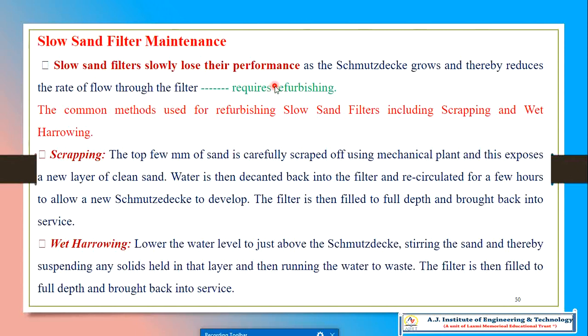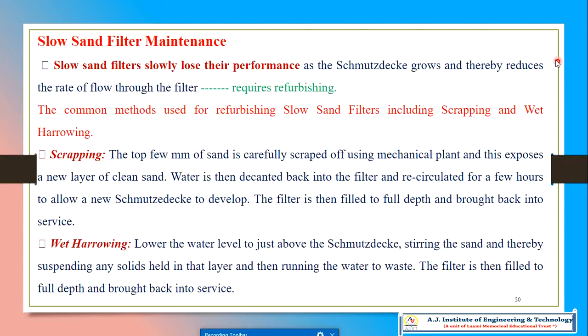Because as the schmutzdecke grows, the biological, bacteriological formation, a jelly-like structure on the top or between the sand particles, which acts as a filter medium up to a certain level, develops, the pores will be filled with particles. Then the rate of flow through the filter is reduced.